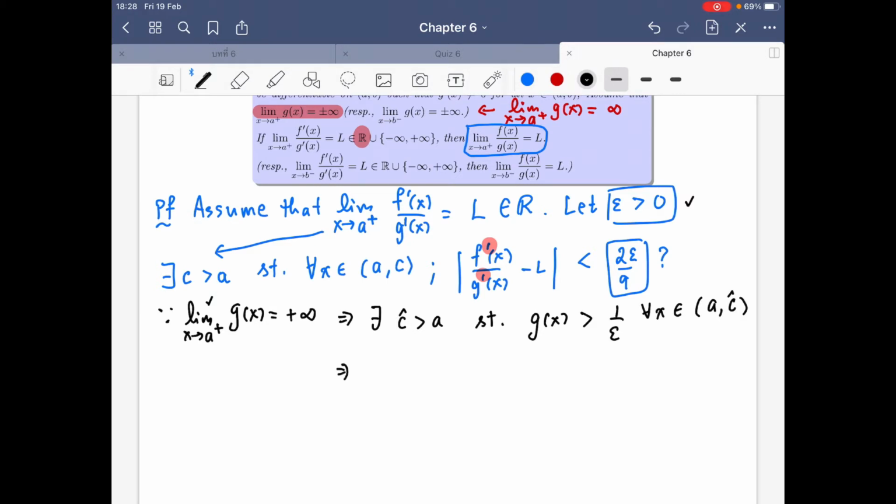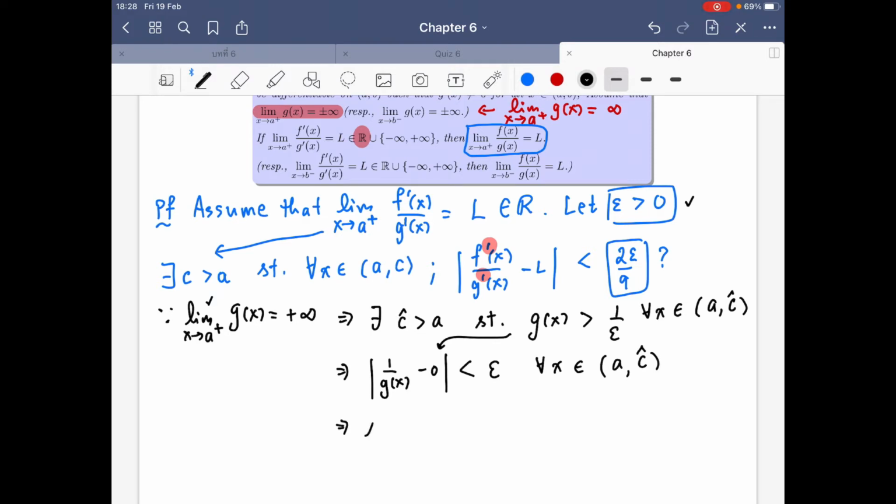What does this mean? If you take the reciprocal, 1 over g(x) minus 0 will be less than the reciprocal of 1 over epsilon, which is epsilon, for every x inside this interval on the right of a.